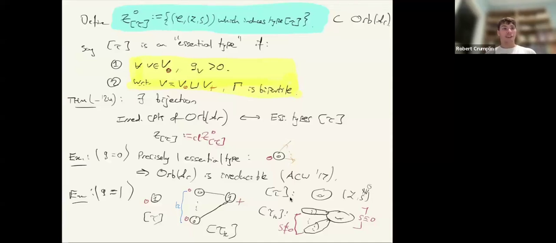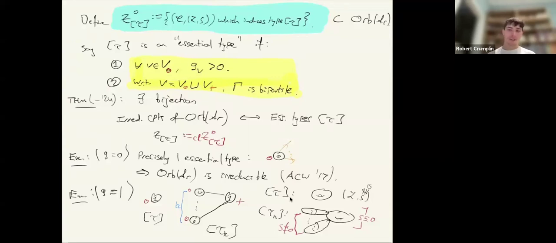So you caught me out as well. The answer is almost yes. These non-essential types do occur as intersections. As defined so far, these Z tau circs don't form a stratification of the space, because if you intersect two of these strata together, you don't necessarily get a union of other Z tau circs.